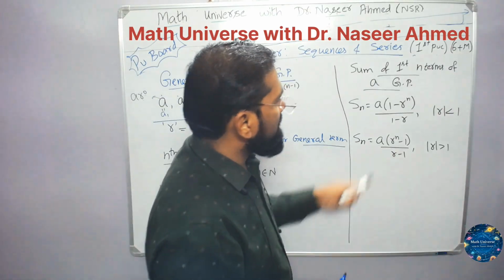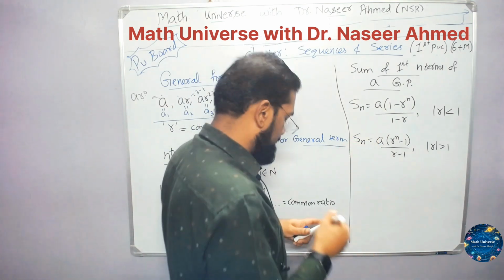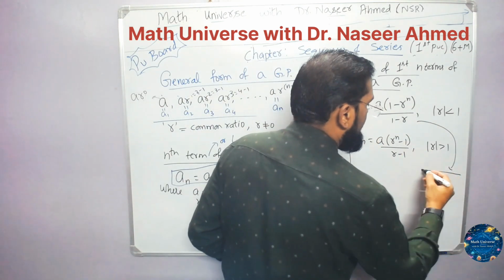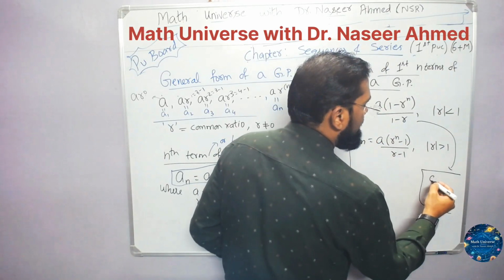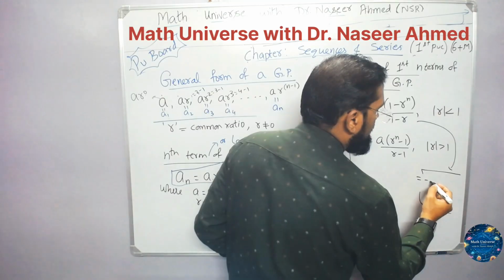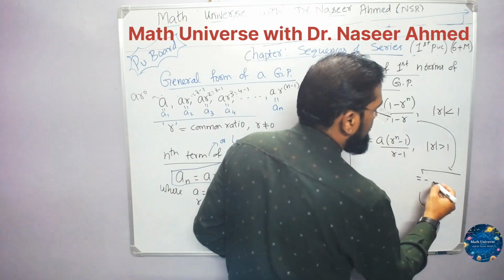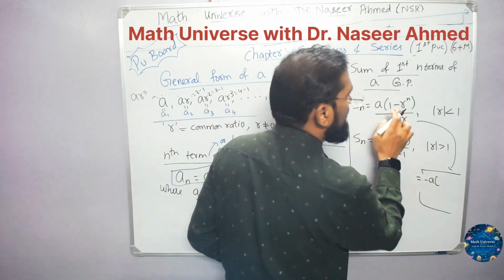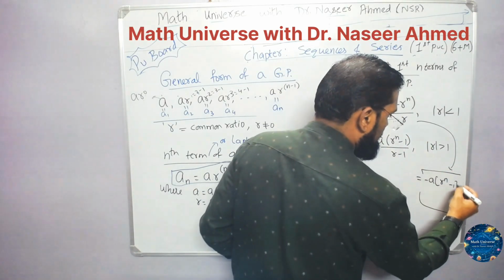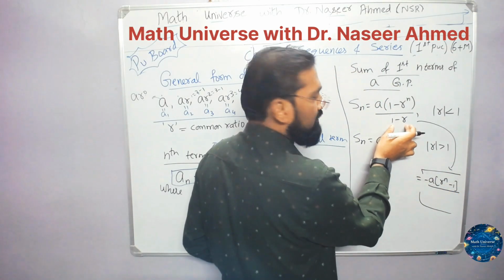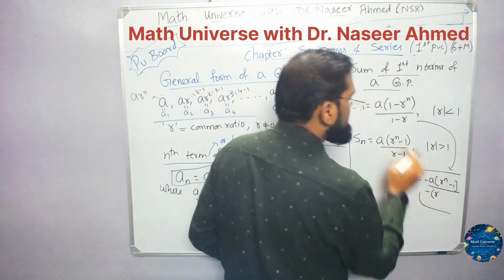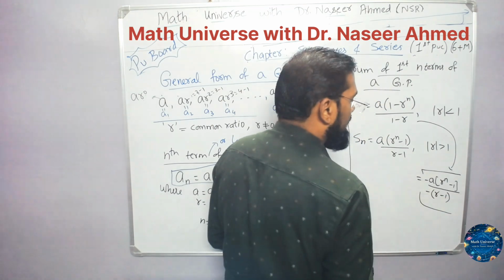If I take negative common here, A as it is. Minus into minus is plus R power n, minus into plus is minus 1, divided by, again here, negative out, minus into minus will be plus, minus into plus will be minus. So negative gone.